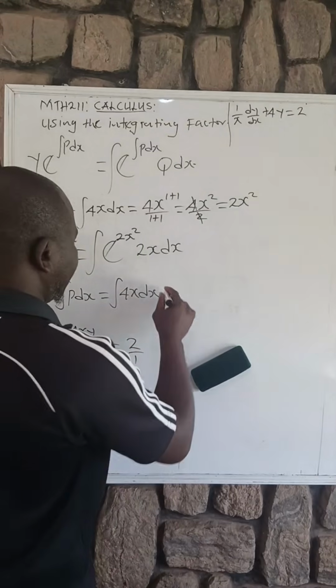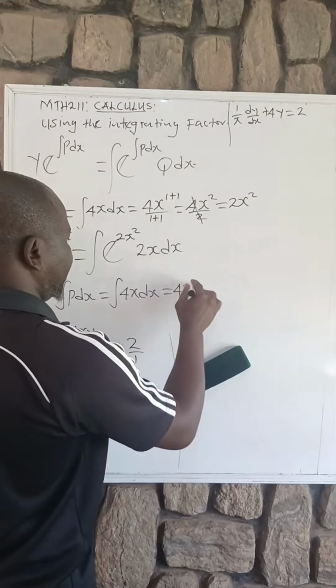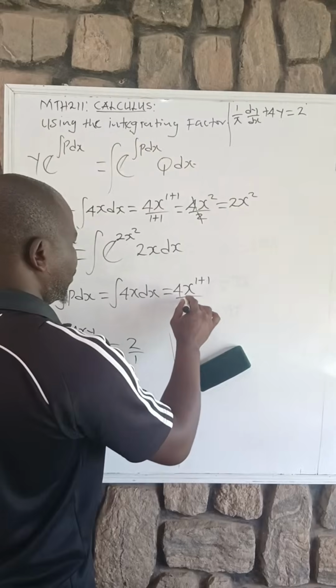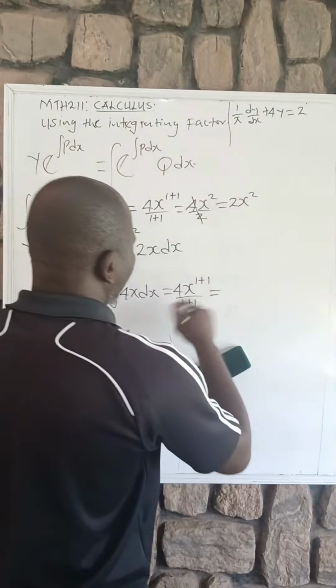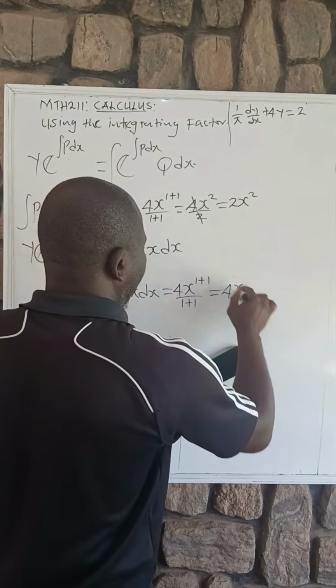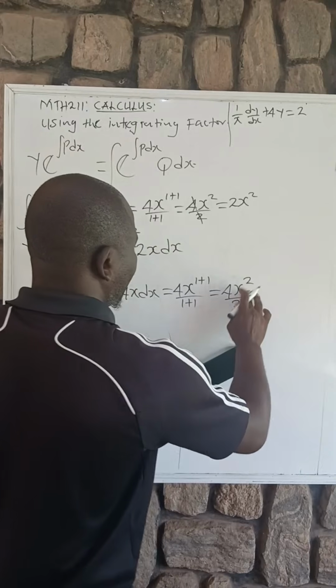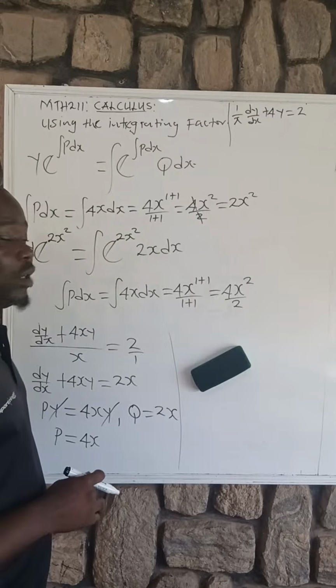When we integrate this function, mind you, there is an invisible one here. You are going to have 4x raised to the power 1 plus 1 all over 1 plus 1. So this will give you 4x raised to the power of 2 all over 2.